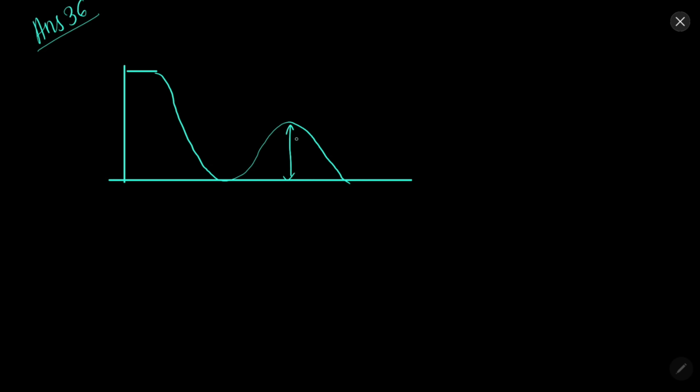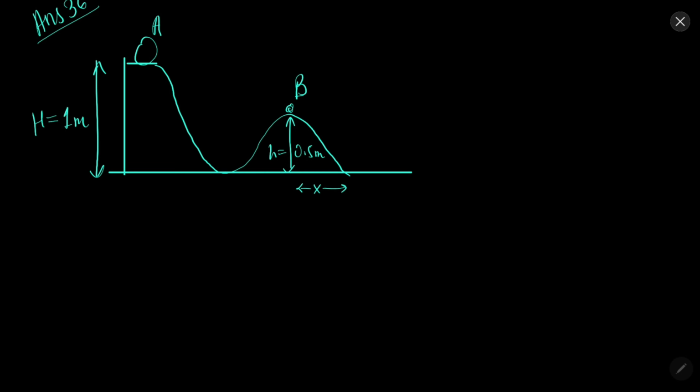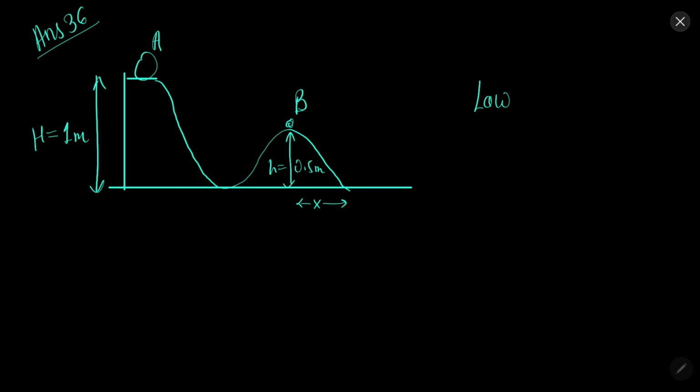This is 0.5 meters, this is 1 meter, this is point A, this is point B. By the law of conservation of energy, energy at both the points will be the same.